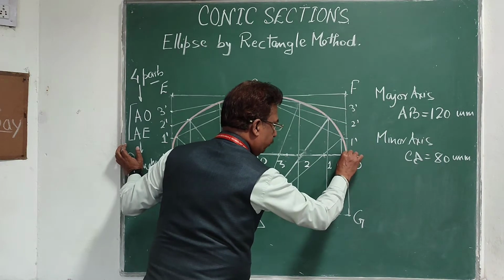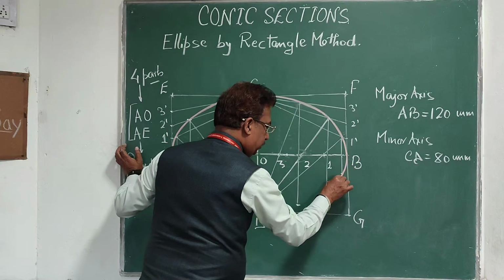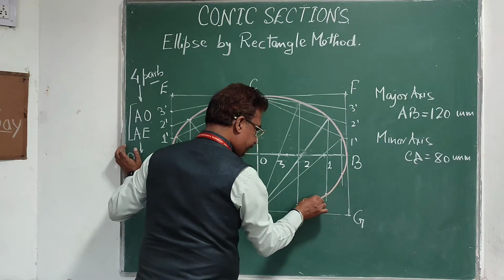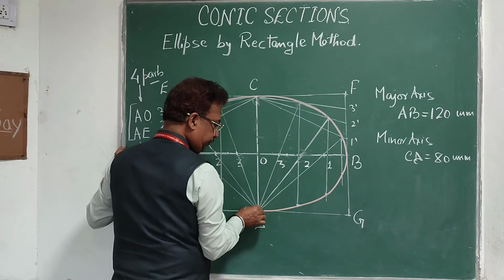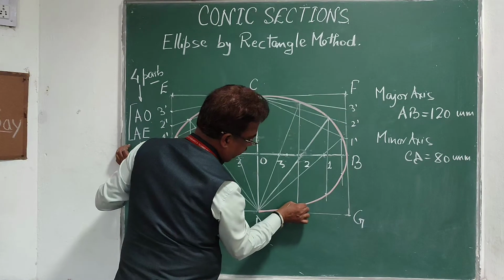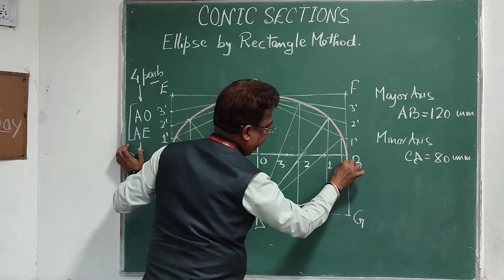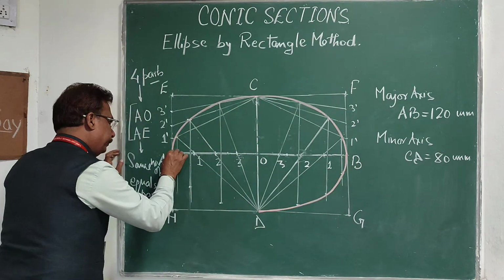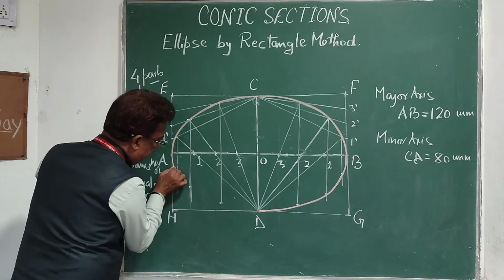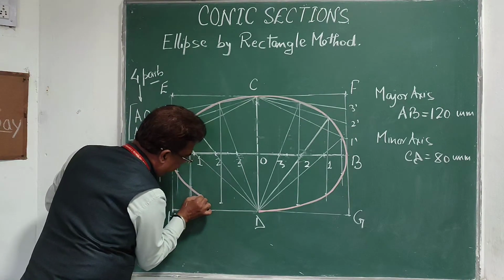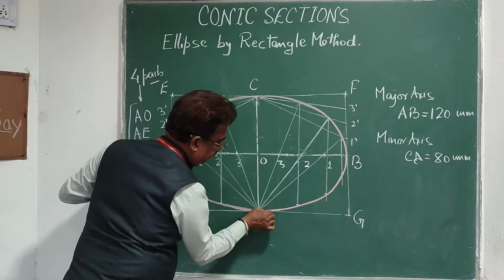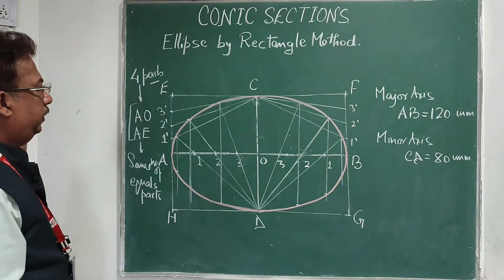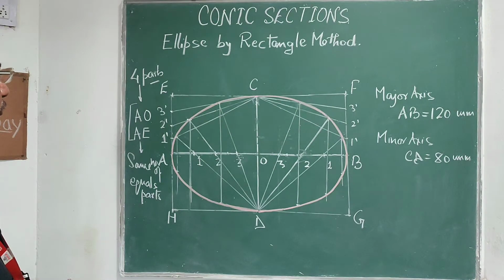Now join these points with the curve. Similarly in this lower side, left side also. So this is the required curve, that is the ellipse by rectangle method.